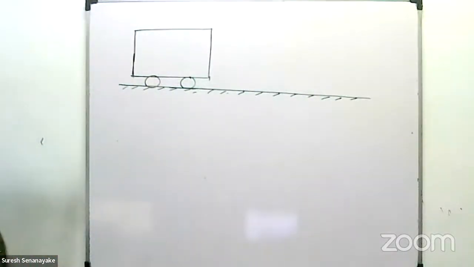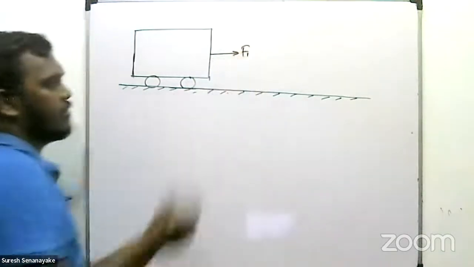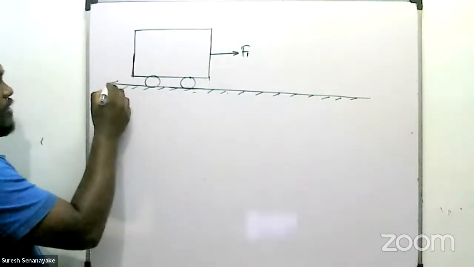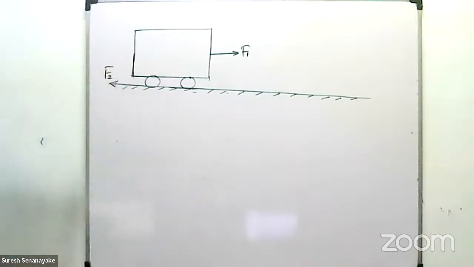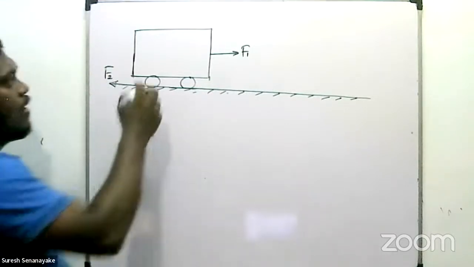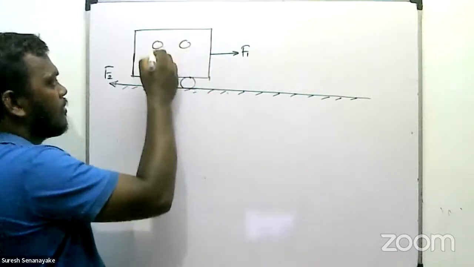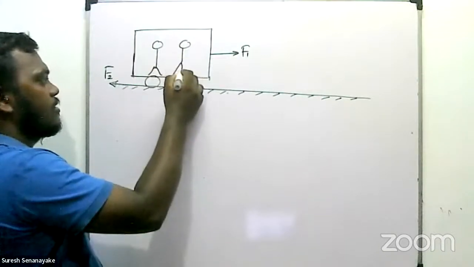And the forces acted on this vehicle: say one force is acted in this direction, and friction is acted on it, and there are two persons inside.